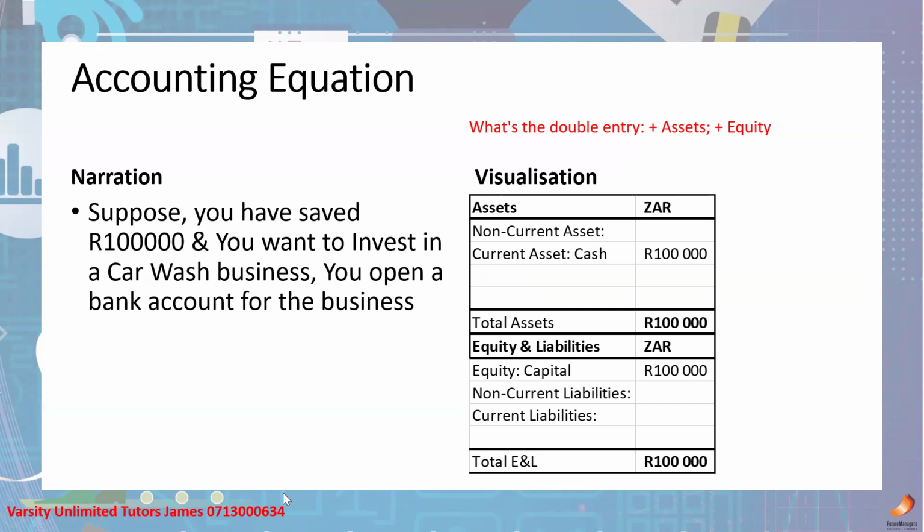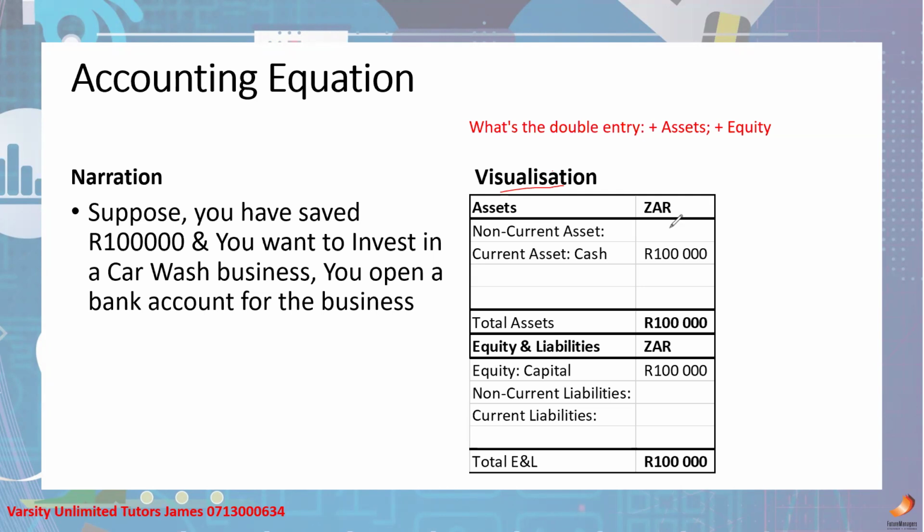Let's look at my first example. This one, where I say visualization, number one, shows the accounting equation. Then number two is an example of the statement of financial position, the actual statement that we are going to learn. I think we'll do it in about 2 or 3 weeks' time, but this is just an example.